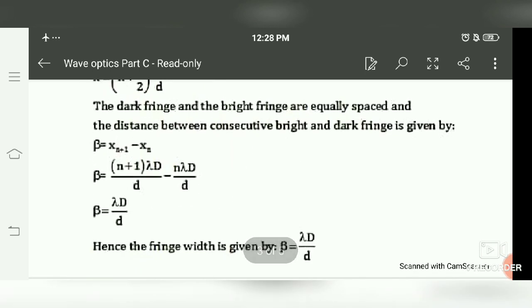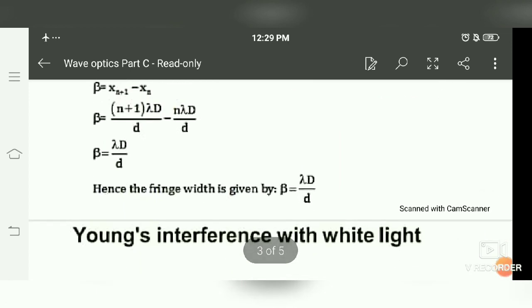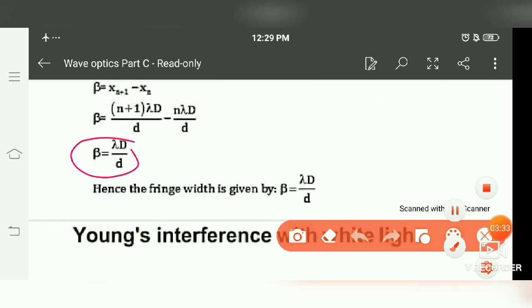If we find the fringe width, it is the distance between two consecutive constructive or two consecutive destructive fringes, that is, two consecutive bright or two consecutive dark fringes. That is called fringe width. If we find that, we get lambda D by d.